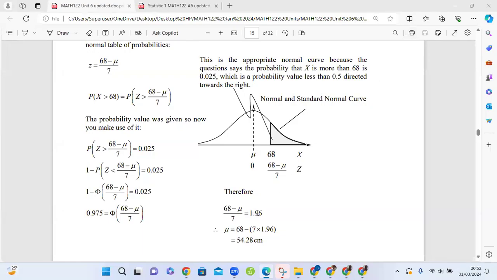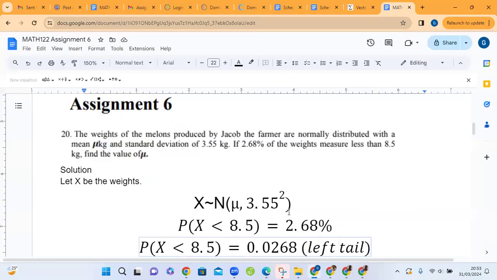Substitute 1.96 back into the formula for z. Now you have only one unknown and just algebra from there. You should logically think about your answer. This answer, mu, is supposed to be less than 68, and scrutinize to see if it's making sense. So that's what you do for a question like this.